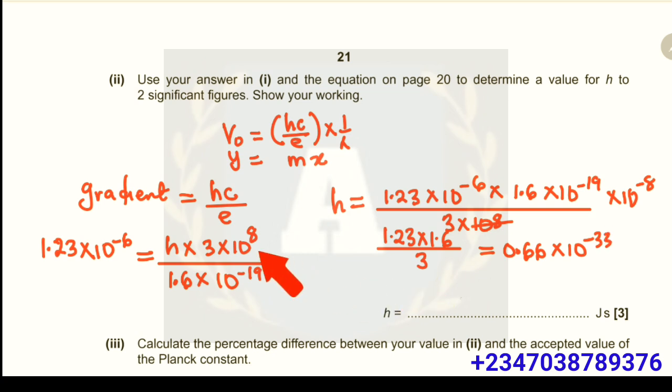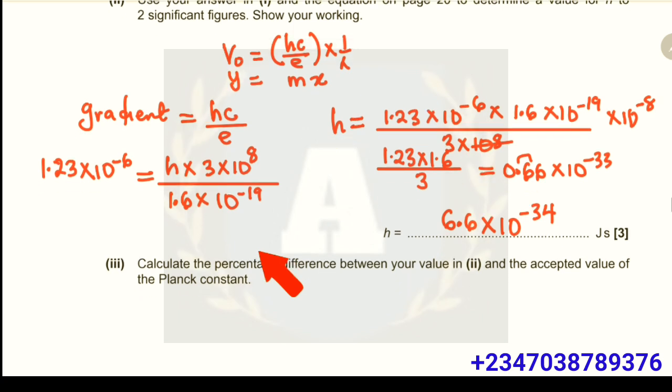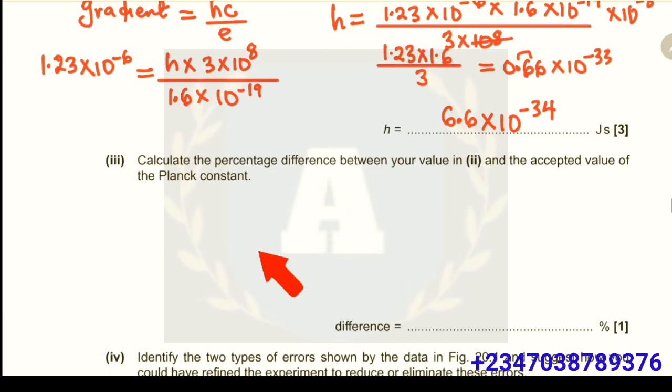So to 2 SF, that would be 6.6 times 10 to the power of minus 34. Okay, so that's the value of the Planck constant calculated.